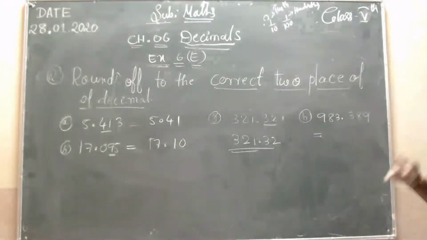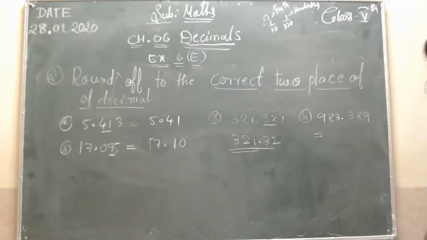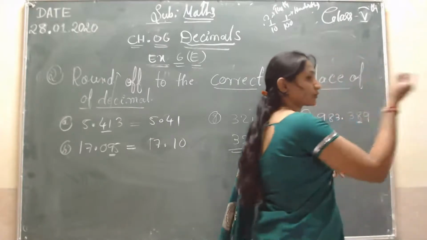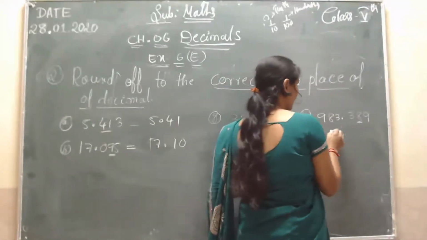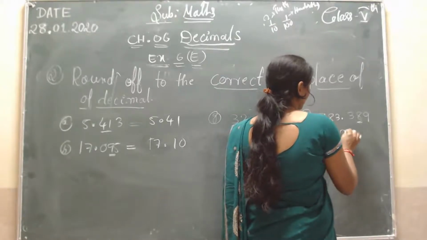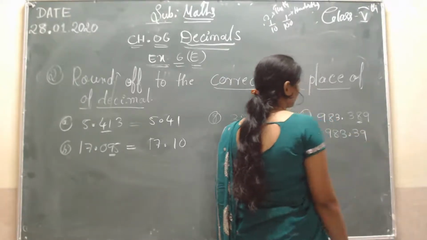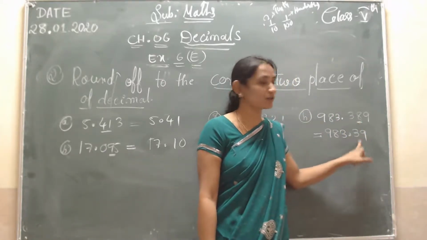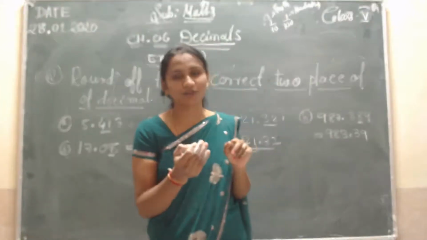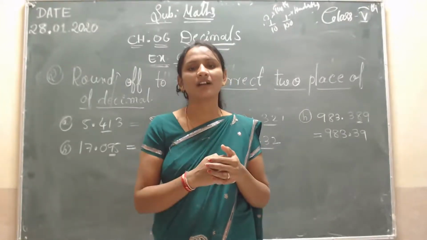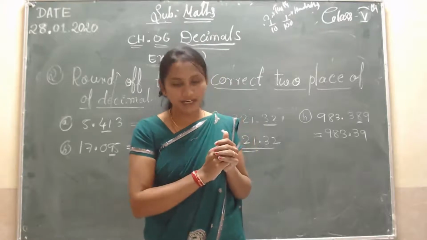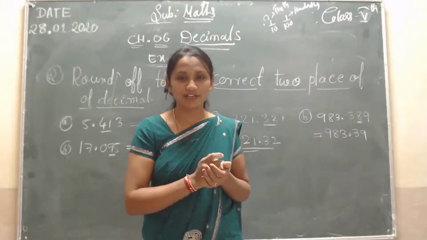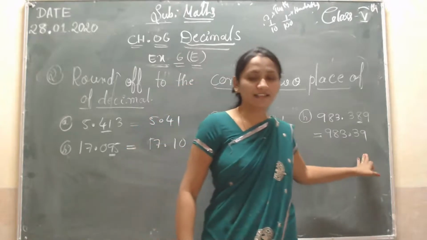How do you write for this question, students? 8 is a stronger number, that is the nearest of 9, so we have to consider 9. So you have to write it 983.39. So 3 is a weaker number, I write that as it is, but 8 is a stronger number. So you have to consider 8 nearest of 9, so you have to write that as 9, students.